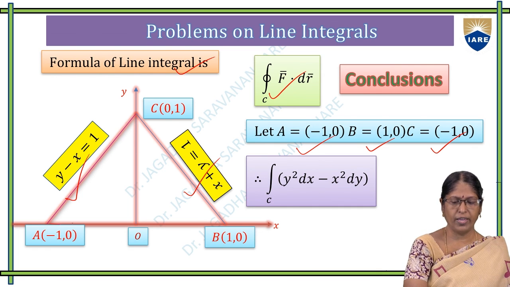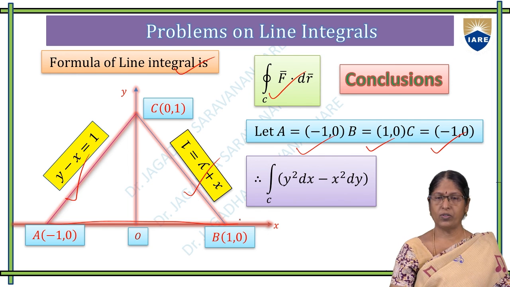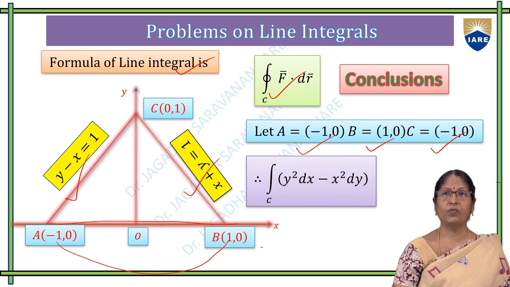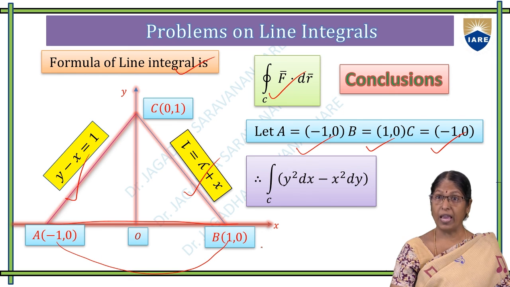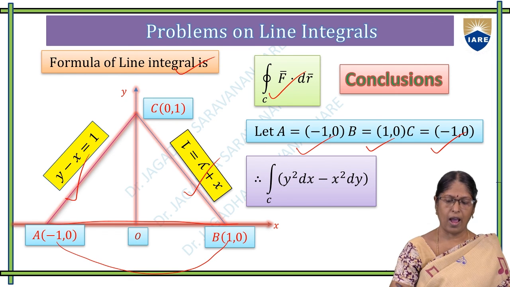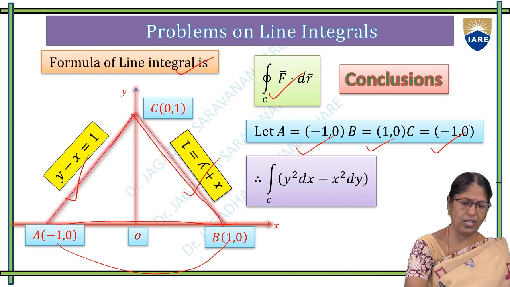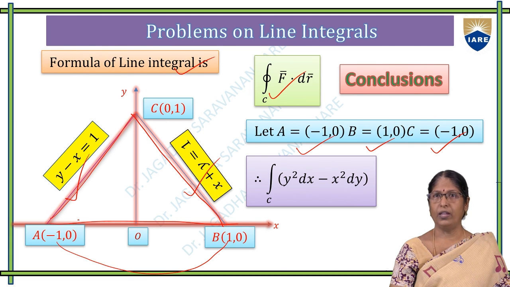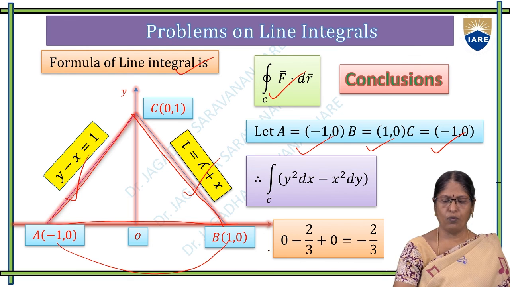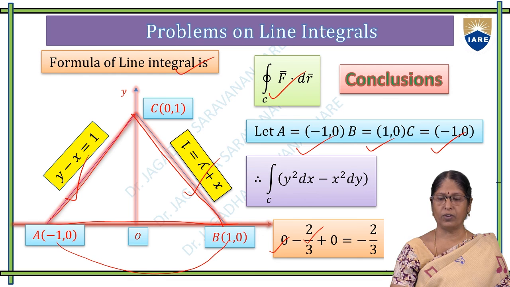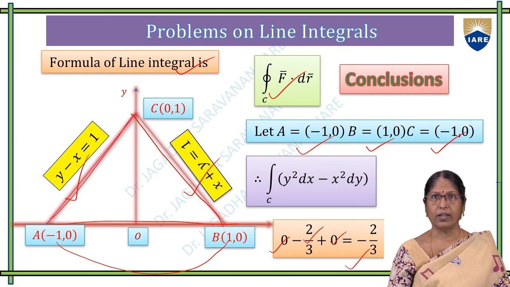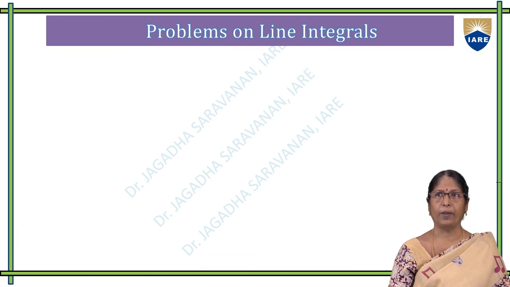Along AB, that is x direction, x varies from minus 1 to 1, we evaluated the integral, and from B to C we evaluated, and C to A finally we evaluated. So for AB 0, for BC minus 2 by 3, for CA 0. So for the first problem, we obtained the result minus 2 by 3.